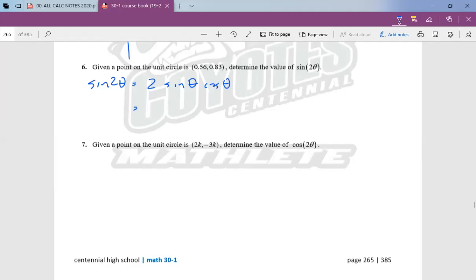And as we were just saying in the previous question, sine theta is just going to be our y. It's important that we're given that it's on the unit circle. And so our sine is 0.83 times our cosine, which is 0.56. I multiply that together, and so sine 2 theta is 0.9296.